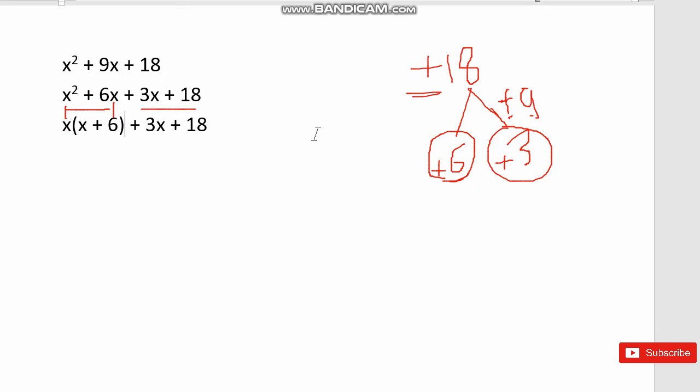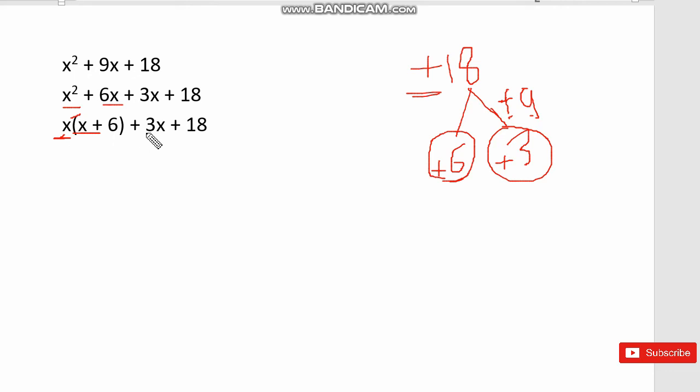So this is our bracket. Let us see how it remains. Here we have x square, so we take x as a common factor and x in the bracket. So x into x square. Here 6x, x taken as common and 6 in the bracket. So what we get here? x into x plus 6.